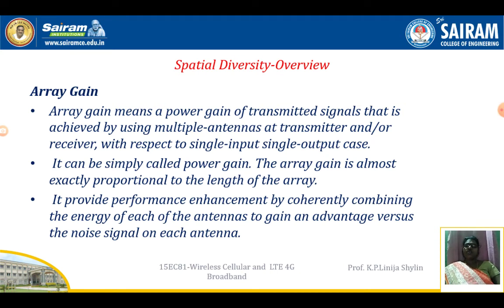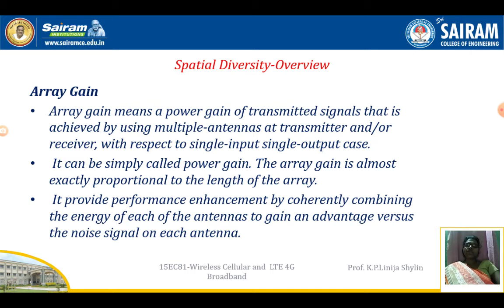So what does the array gain mean? The transmitted signal will have some power gain, and that power gain is achieved by using multiple antennas at the transmitter, and also the same thing in the receiver, with respect to the single-input single-output case.